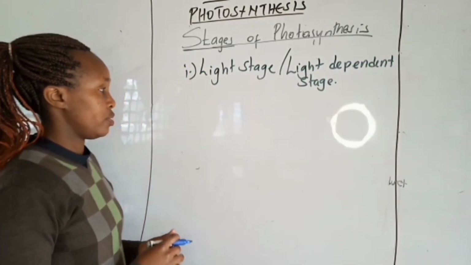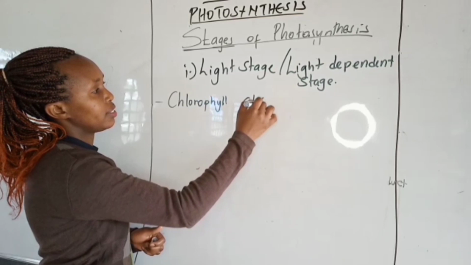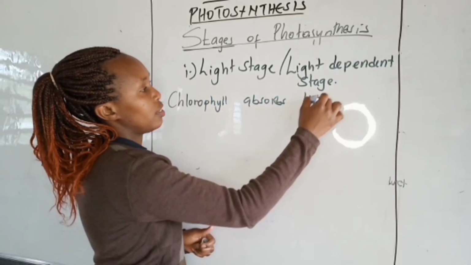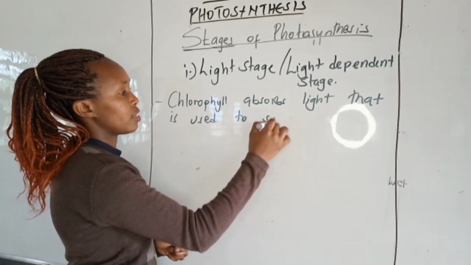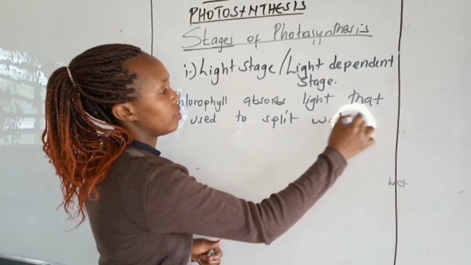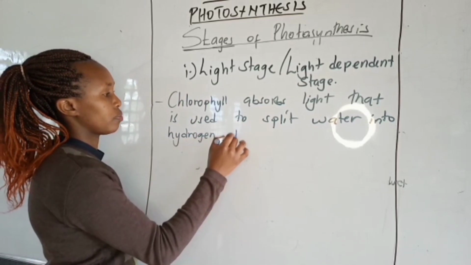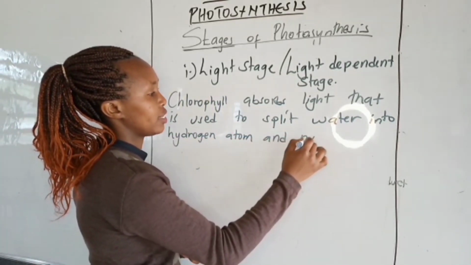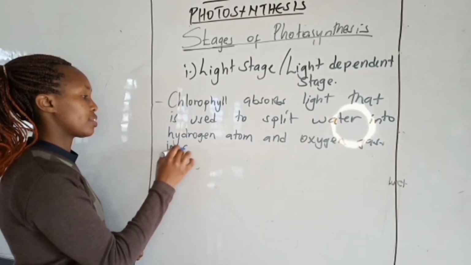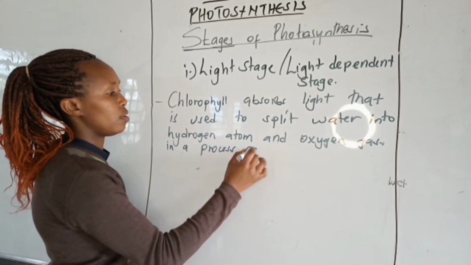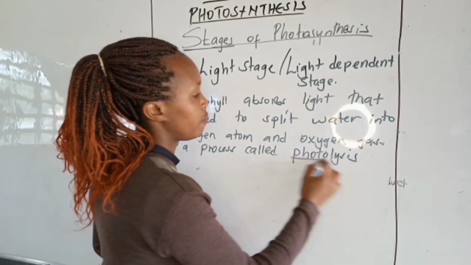In this stage, what happens is chlorophyll absorbs light that is used to split water into hydrogen atom and oxygen gas in a process called photolysis.